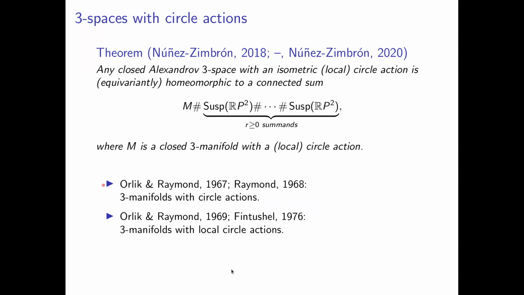Then one can put this together and throw in the non-manifold case to get this statement, and this is a bird's eye view of the ideas in the proof. As I said, one goes really case by case.